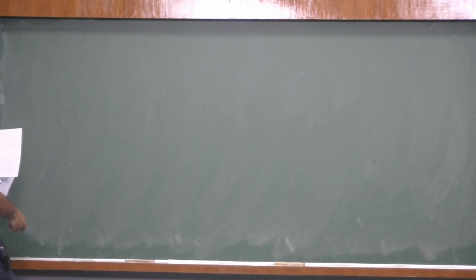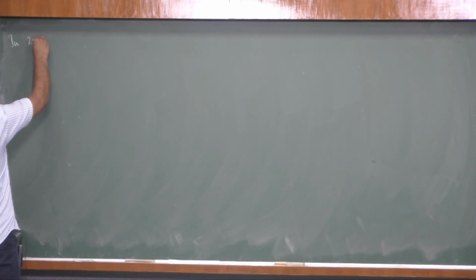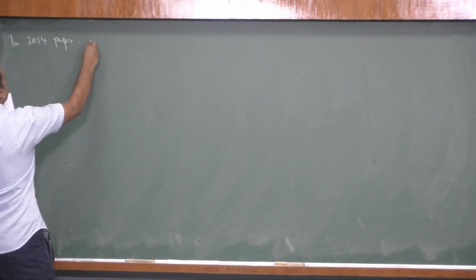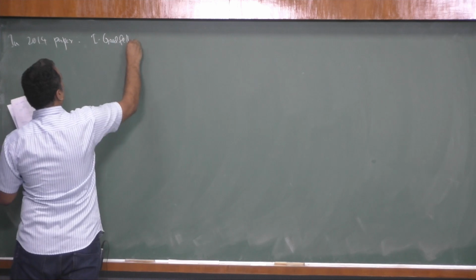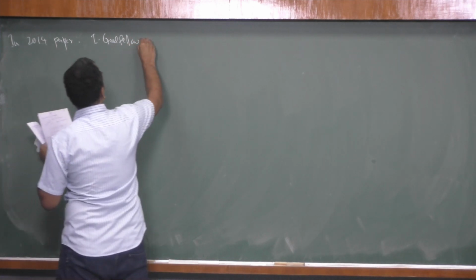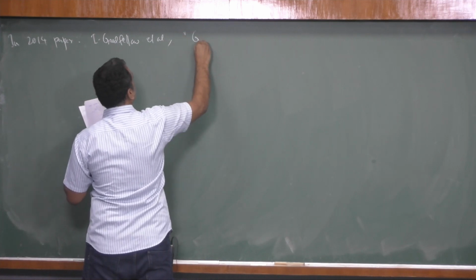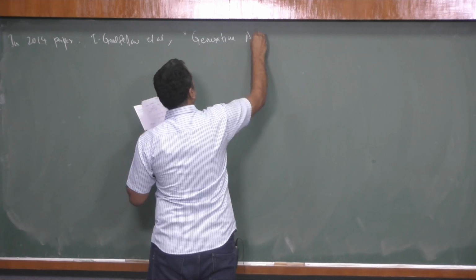So what was done in the Goodfellow 2014 paper, Ian Goodfellow et al. The paper name is Generative Adversarial Nets.